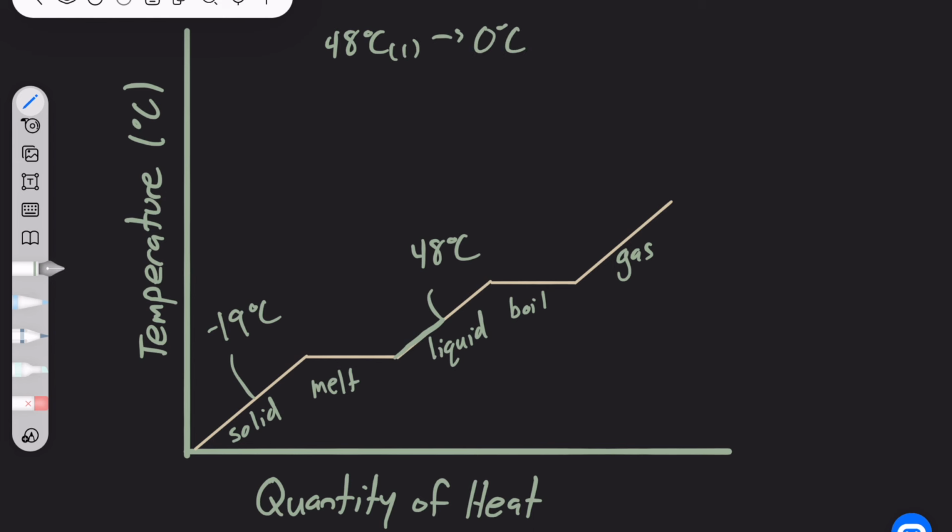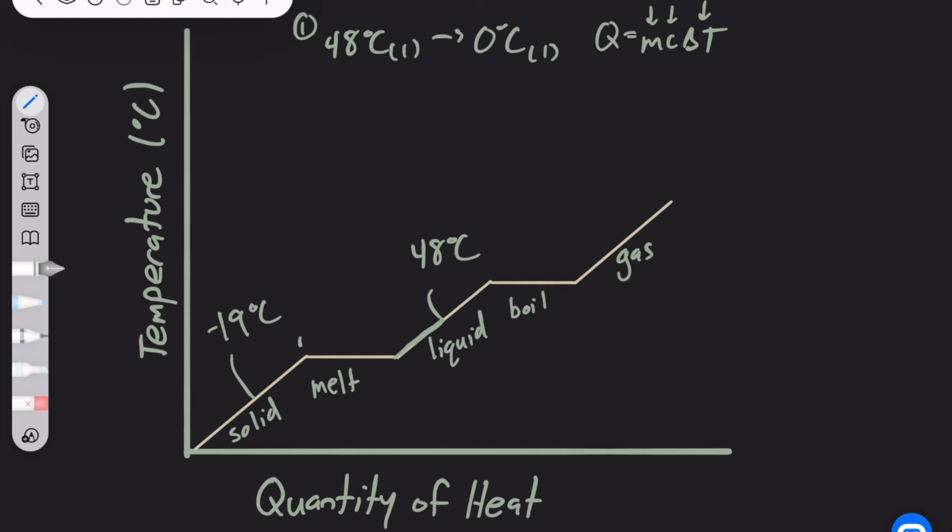So we have 48 degrees Celsius as a liquid to 0 degrees Celsius as a liquid, but there's no change in state, so we can use Q equals mc delta T. So we have the mass, the specific heat capacity of water as a liquid, and the temperature change it experiences. That's going to be step 1.